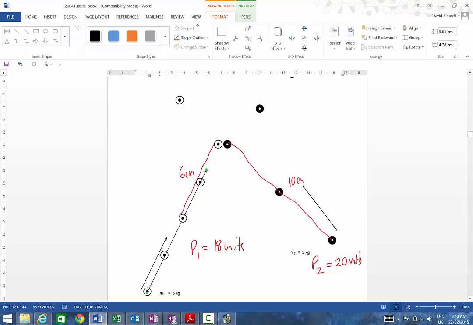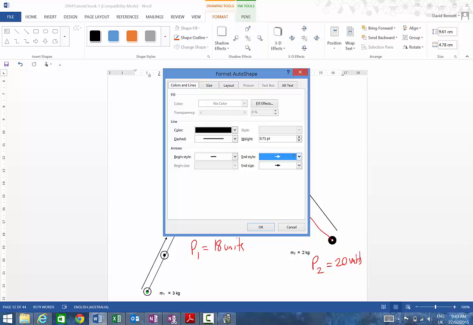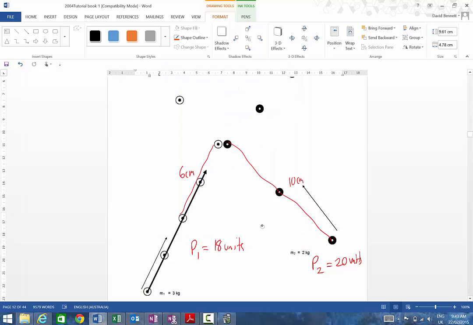I'll change the weighting of that to be a bit darker so you can see it easily. That's my first momentum vector.